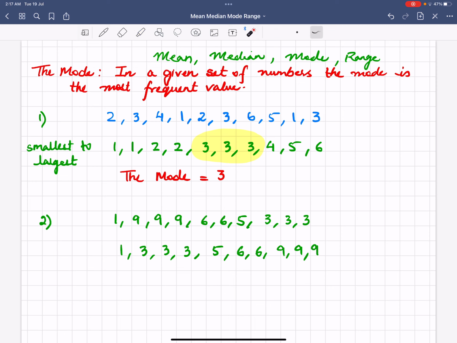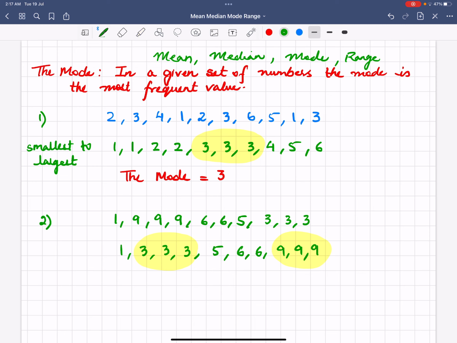Now we need to observe which is the number that is appearing the most in the data. We have 6 coming twice, and 3 coming thrice, and 9 also coming thrice. So the number 3 appears 3 times and the number 9 is also appearing 3 times. Both of these appear the maximum number of times as compared to other numbers.